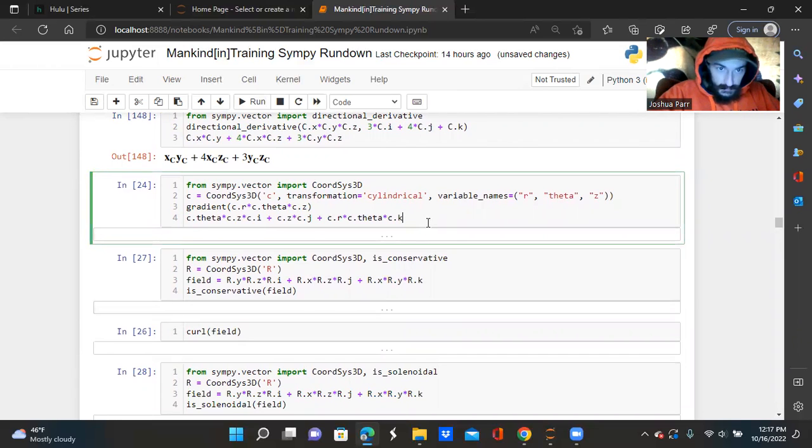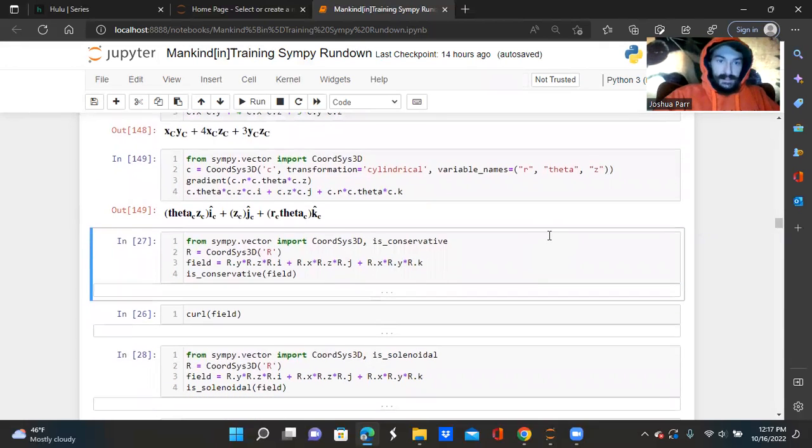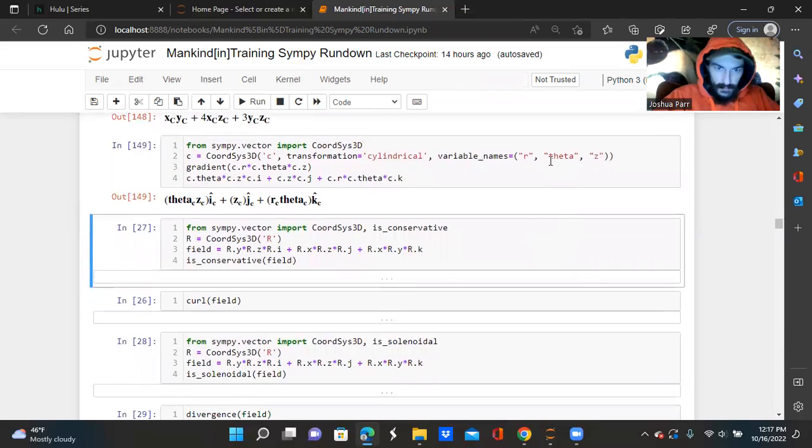And yes, again, we have specifying. So I get theta c zc. I wonder why that's not showing up.